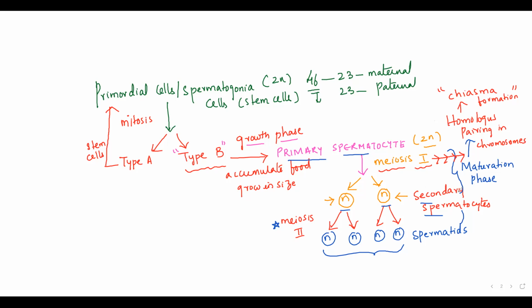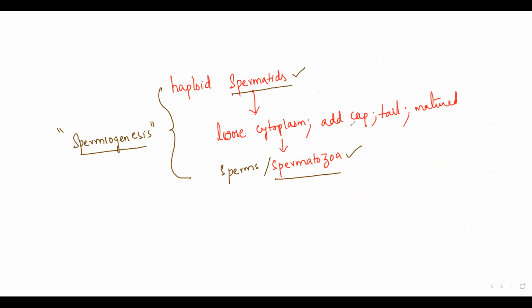They develop into secondary spermatocytes, which undergo meiosis 2 cell division and form haploid spermatids, where these spermatids lose their cytoplasm, add the acrosome, multiple mitochondria are produced in the middle piece, and a tail is developed, where the tail has a 9+2 arrangement of microtubules. It gets matured into spermatozoa, which we call spermiogenesis.